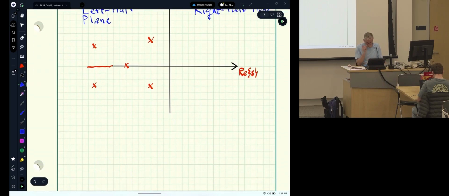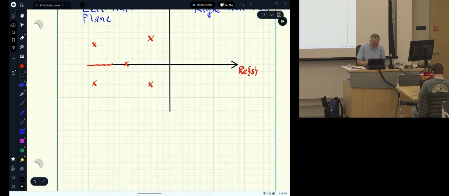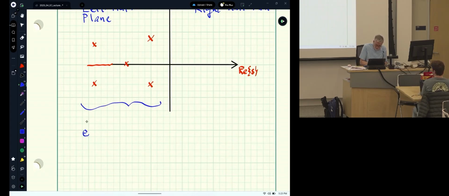Okay. Things that look like e to the pjt here, unit step of t, go to 0 as t goes to infinity.